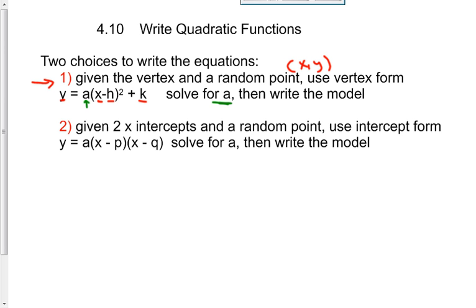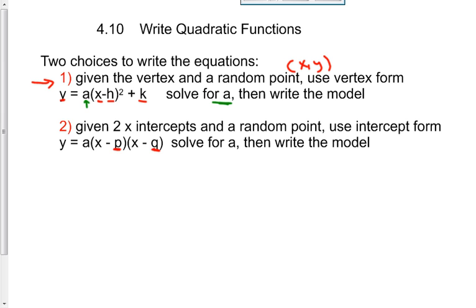The second form we're going to look at is if they give us two x-intercepts and one random point. If they give us two x-intercepts, which are, remember, the places where the curve crosses the axis, then we're going to use those two points plus the one random point. We're going to use our intercept form. So if they give us the intercepts, they're going to be telling you a p number and a q number.